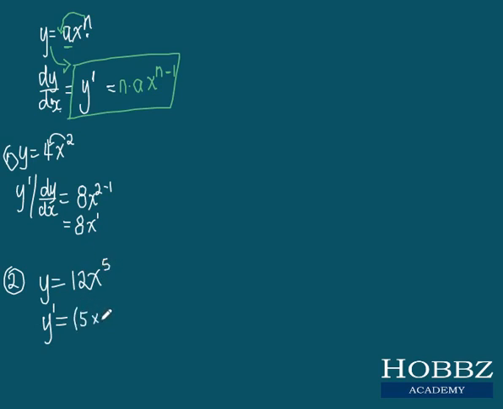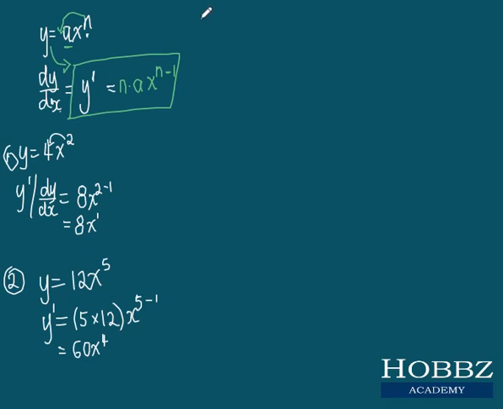So you have 5 times 12 x to the power of 5 minus 1, because you take the exponent, you minus 1. What is 5 times 12? That gives you 60. x, then the exponent 5 minus 1 is 4.